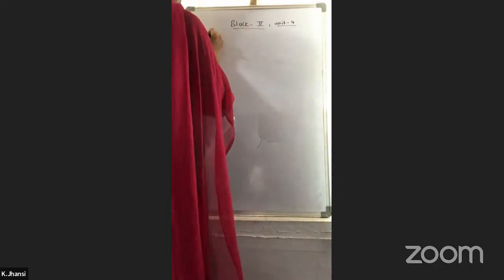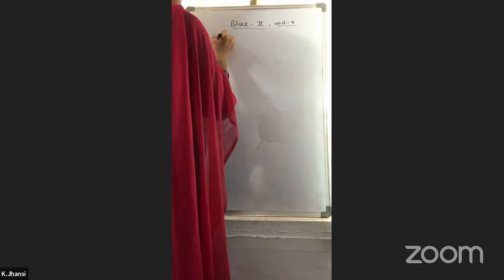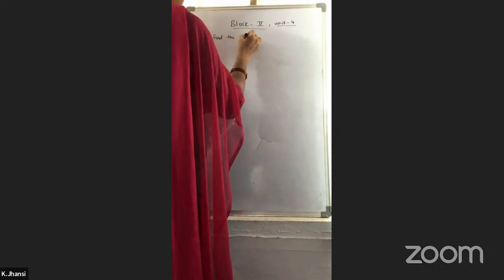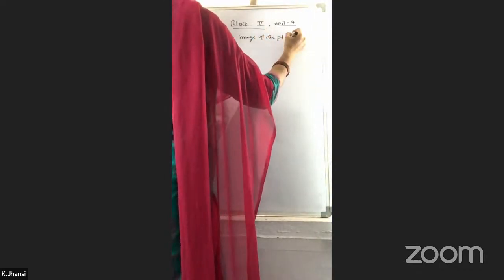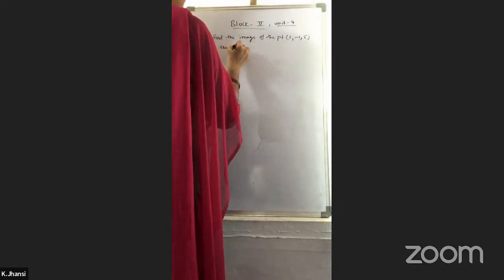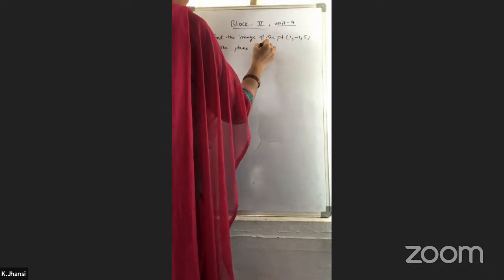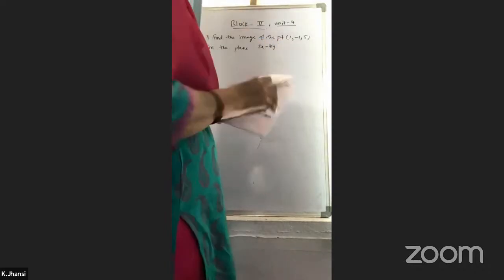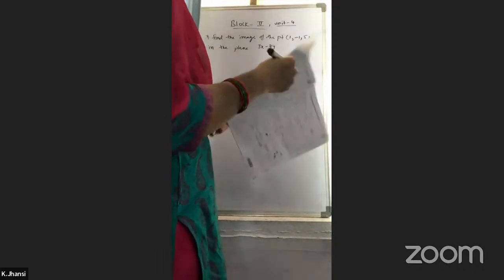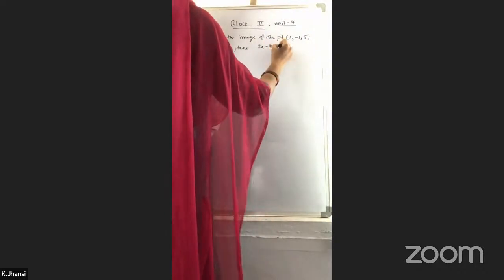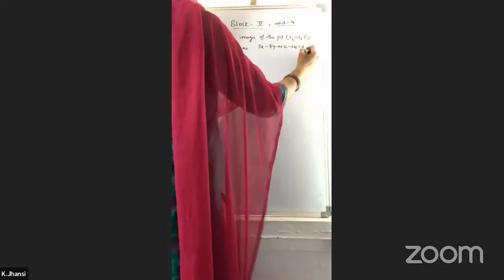Find the image of the point 1 comma minus 1 comma 5 in the plane 3x minus 2y minus 4z minus 14 equals 0. Okay, here P is a point.